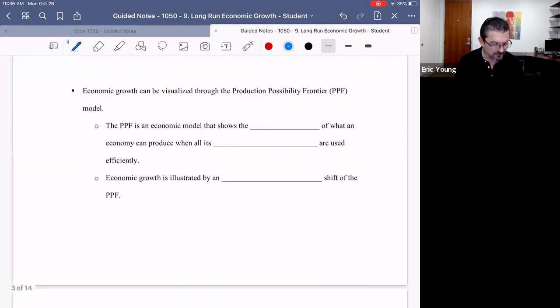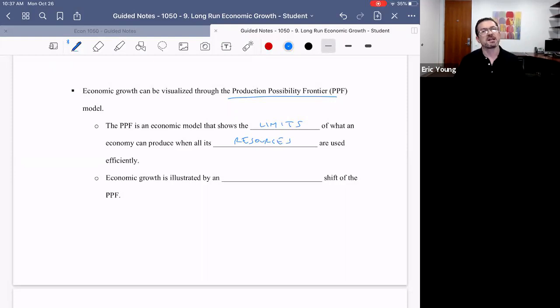Another way that we can visualize economic growth is through a production possibility frontier, a PPF model. Now, you might recall that way back at the beginning of the term, we talked about the PPF model. You should recall that the PPF model shows the limits of what an economy can produce when all of its resources are used efficiently.